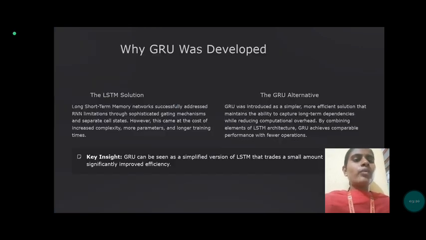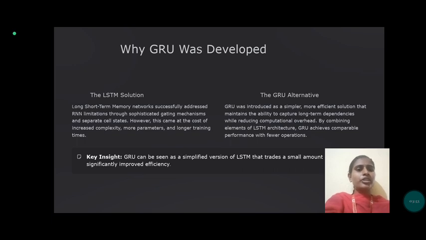And next, why was the gated recurrent unit developed? The LSTM solution. Here, the long short-term memory network successfully addressed RNN limitations through sophisticated gating mechanisms and separate cell states. However, these came at the cost of increased complexity, more parameters, and longer training times.